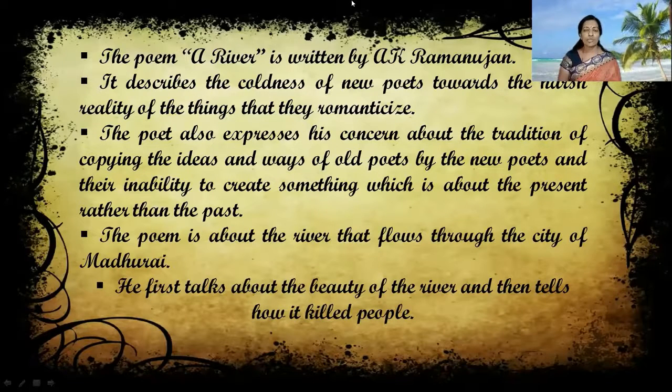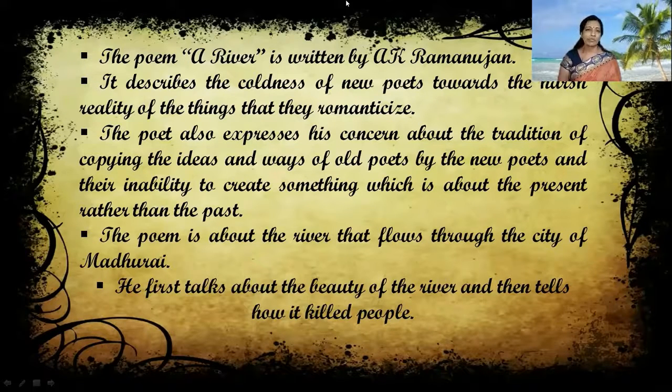He also says that the new poets tend to romanticize things instead of describing the reality. He is very much disturbed by the absence of creativity among the newer poets. This poem is about a river which flows through the city of Madurai.